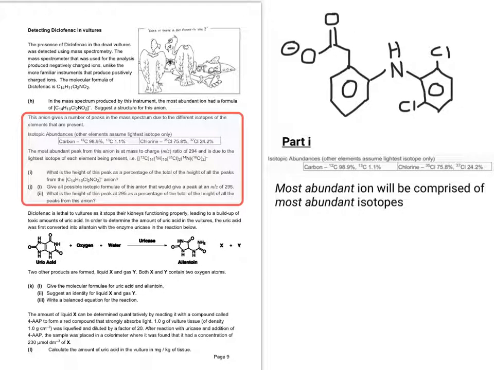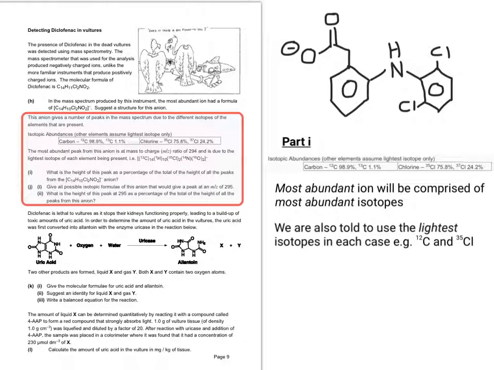It gives you the isotopic abundances of 2 carbon isotopes and 2 chlorine isotopes. So the most abundant ion will be comprised of the most abundant isotopes. And we're also told to use the lightest isotopes in each case, in other words, carbon 12 and chlorine 35.